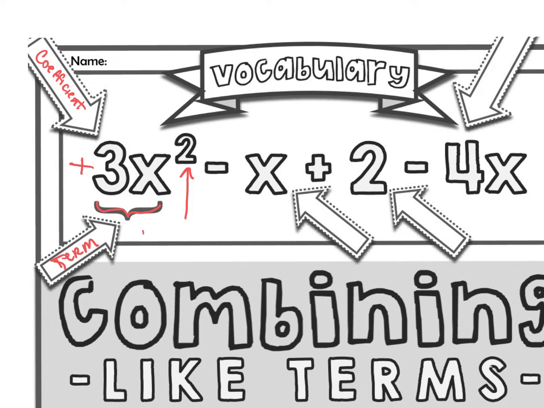This number is called the exponent or the degree. This x is called a variable. And because there is no coefficient in front, it's an invisible coefficient, and an invisible coefficient is always 1.